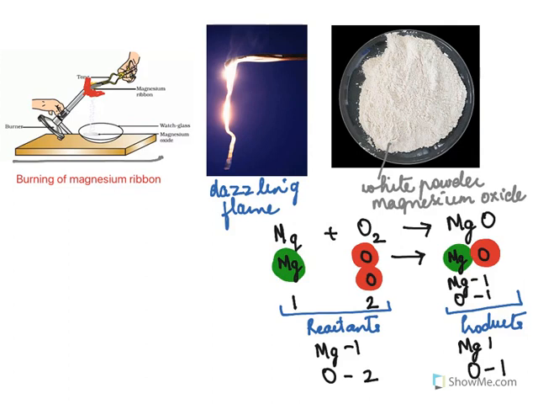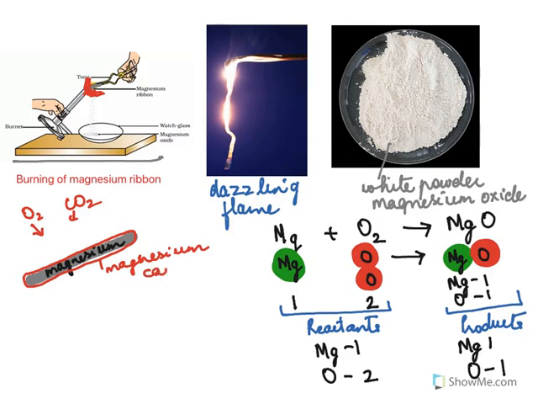Now there's a little precaution to be taken before magnesium is burnt. This is a magnesium ribbon, and magnesium is highly reactive. As soon as the ribbon is made, it reacts with the oxygen and carbon dioxide from the air and forms a layer of magnesium carbonate.